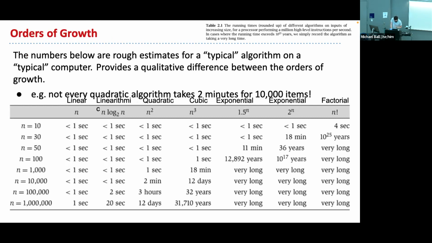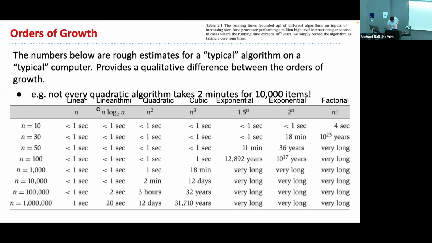But on a typical computer, for something like searching through a list of numbers, even with small amounts of data, the orders of growth doesn't matter too much until we get to things like exponential functions. When something is described as exponential growth, what they really mean is it is explosive, it grows incredibly quickly. We can even see that if we look at these last 3 columns, that things take a very long time.